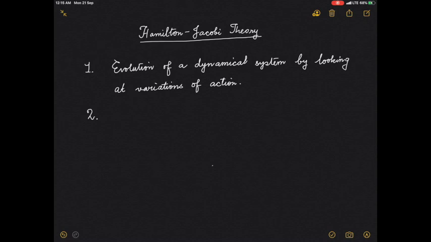The other thing we learned in the last couple of lectures is transformations of the canonical variables.